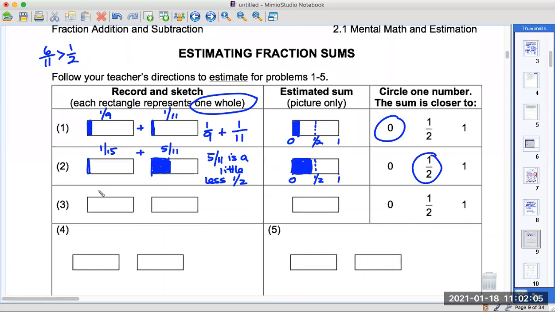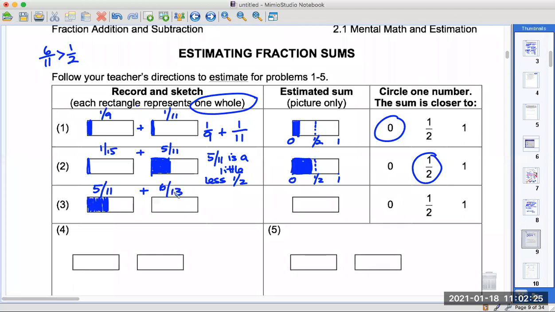And then we have 5/11 plus 6/13. So 5 out of 11 is close to 1/2, but a little less than 1/2.